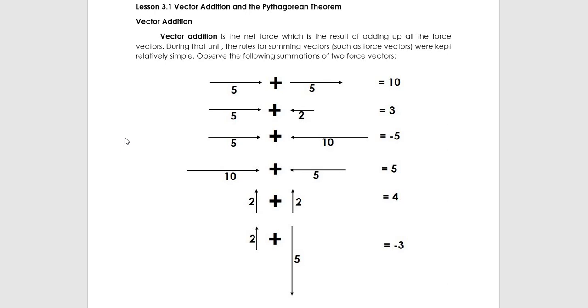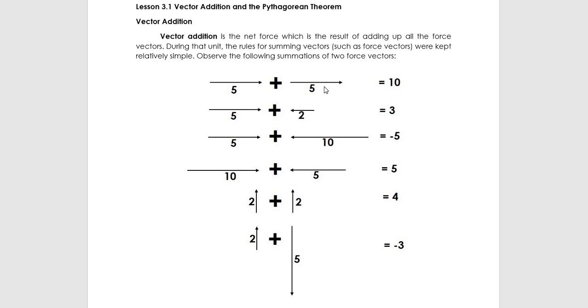Pag sinabi nating vector addition yan, from the word itself, pinag-a-add niya lahat ng mga vectors na given sa isang problem. So, meron tayong mga examples. Sa first one, we have a line vector going to the right, and then meron siyang measurement which is 5.